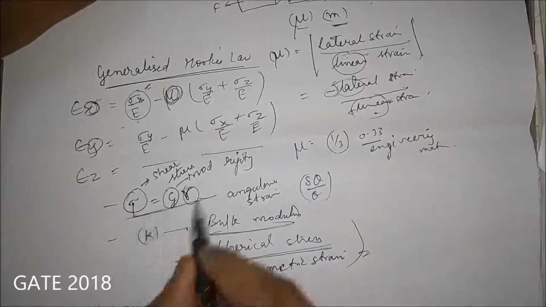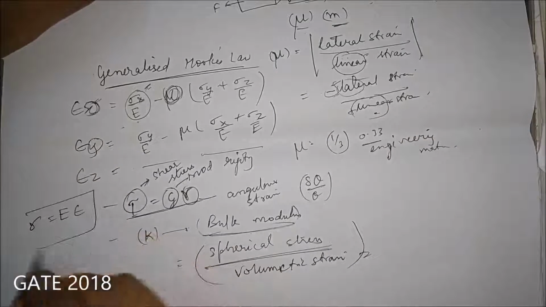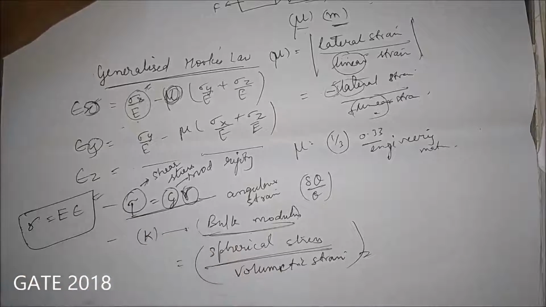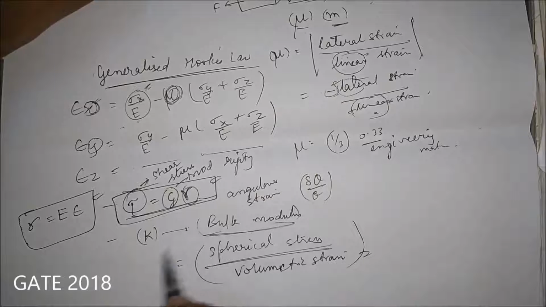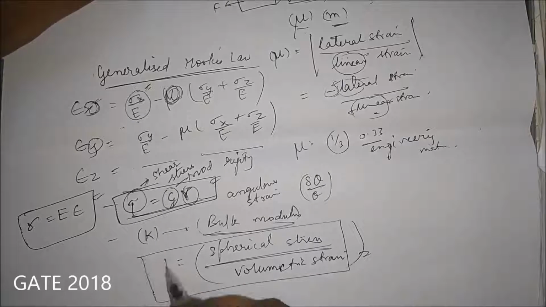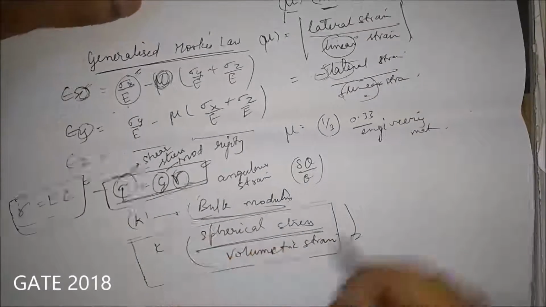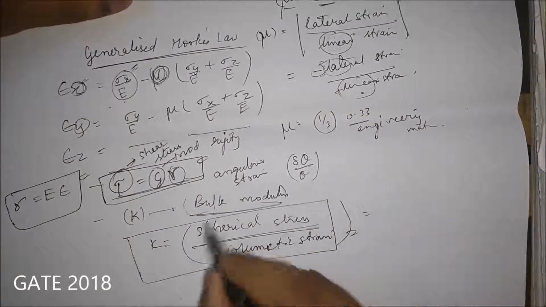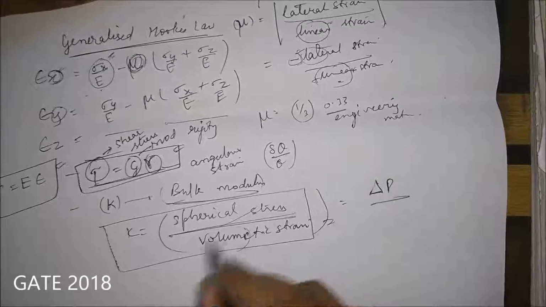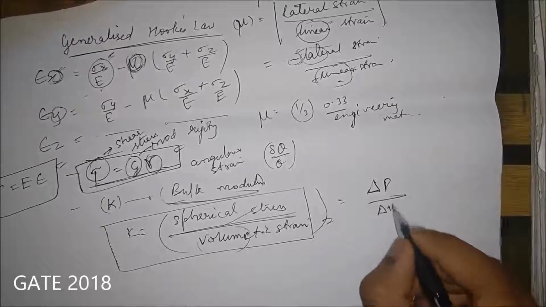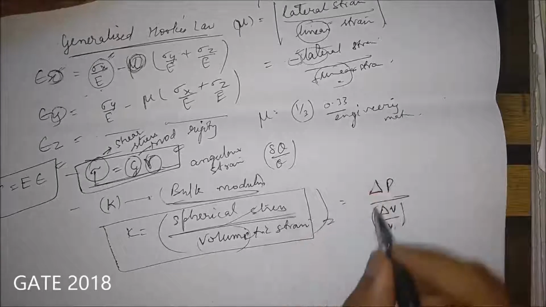Similarly, these two, there will be one more. This was already discussed in chapter 1. This and this. So this is bulk modulus, and to write it, spherical stress will be given by delta P and volumetric strain will be given by delta V by V. Change in volume by original volume is called volumetric strain.